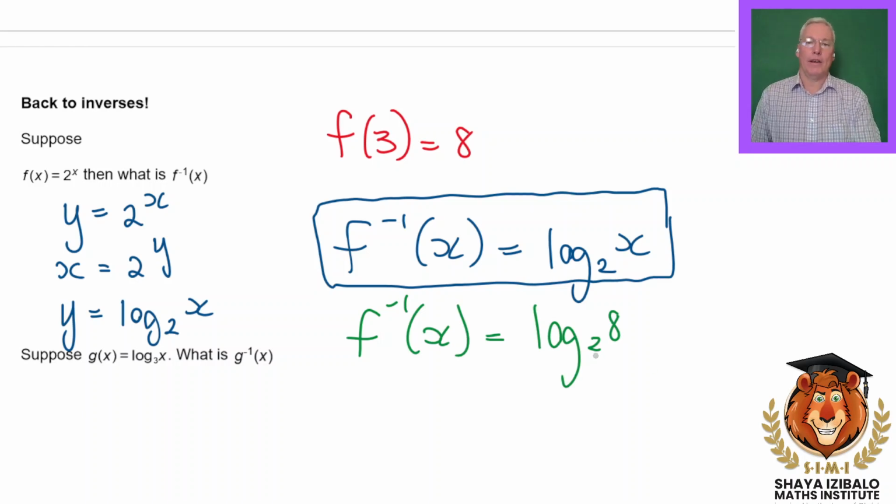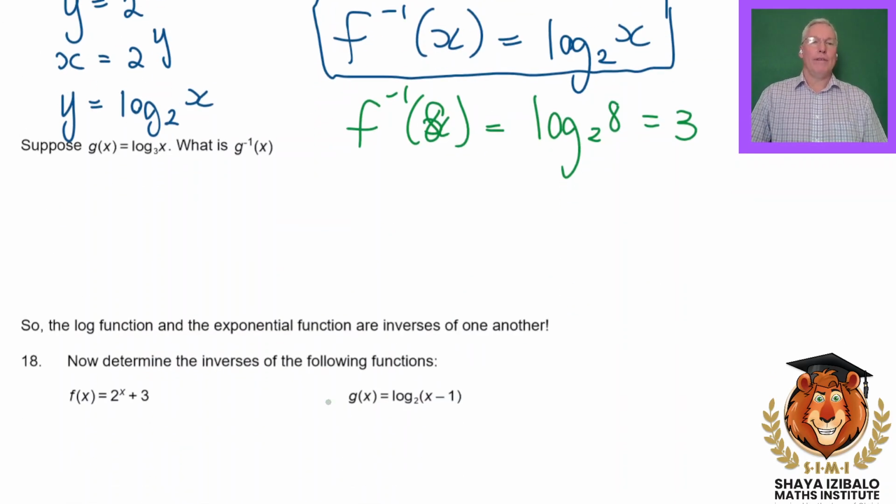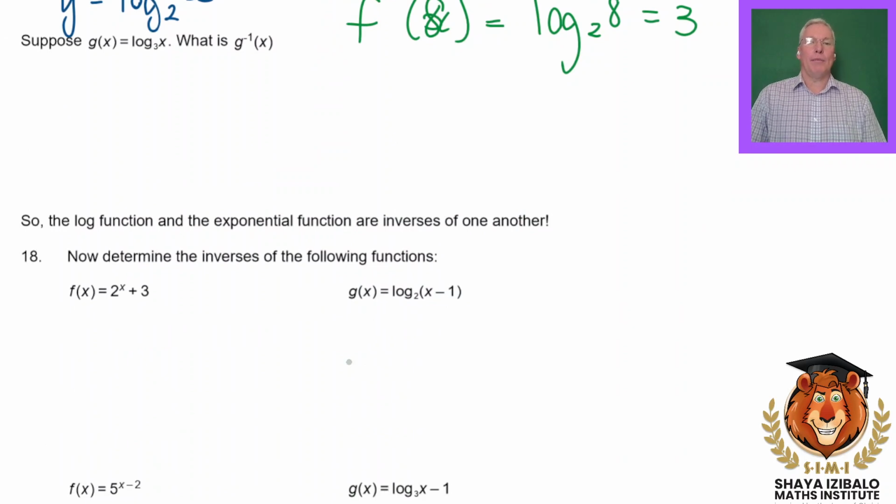That is asking what power must we put onto 2 to get 8? The answer is 3. So f of 3 is 8, f inverse of 8 is 3, we're definitely correct. Pause the video and try the next couple. Try as many as you feel comfortable with. When you're ready, or if you're not sure, let the video play again and we'll go through some.